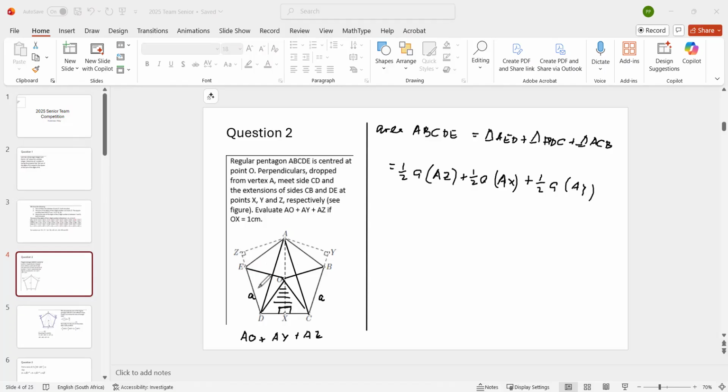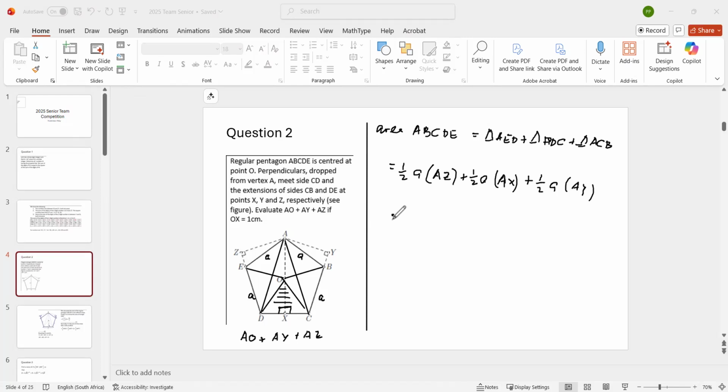So equal chords subtend equal angles at the center. So it means that all these triangles are all congruent. And the radii, actually, because for 3 sides, all these are radii. So these triangles are congruent, so they all have the same area.